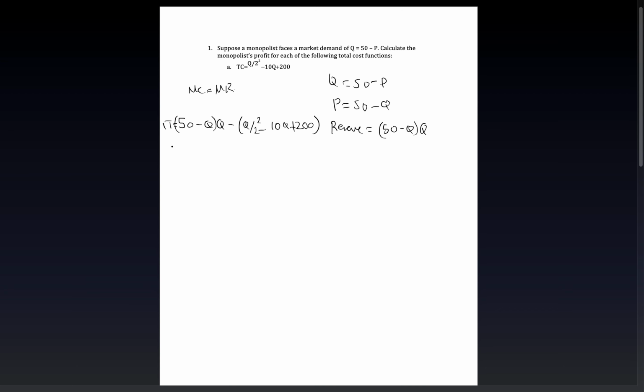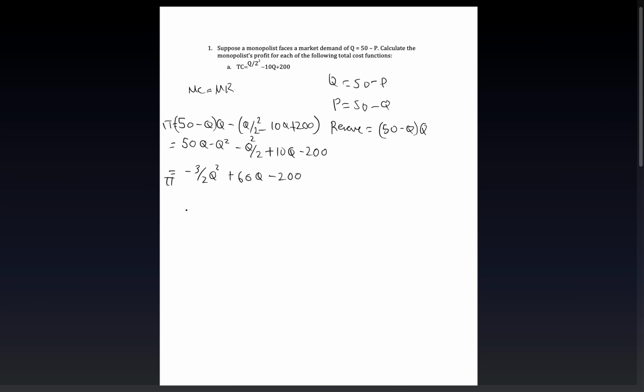So then we're going to simplify that to get 50Q minus Q squared minus Q over 2 squared plus 10Q minus 200. Then we can simplify that even further, so we get negative 3 over 2 Q squared plus 60Q minus 200. So that is our profit function.